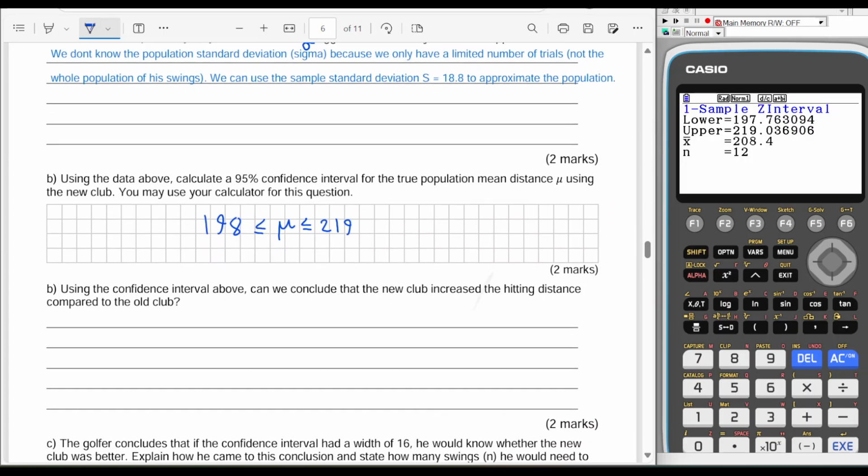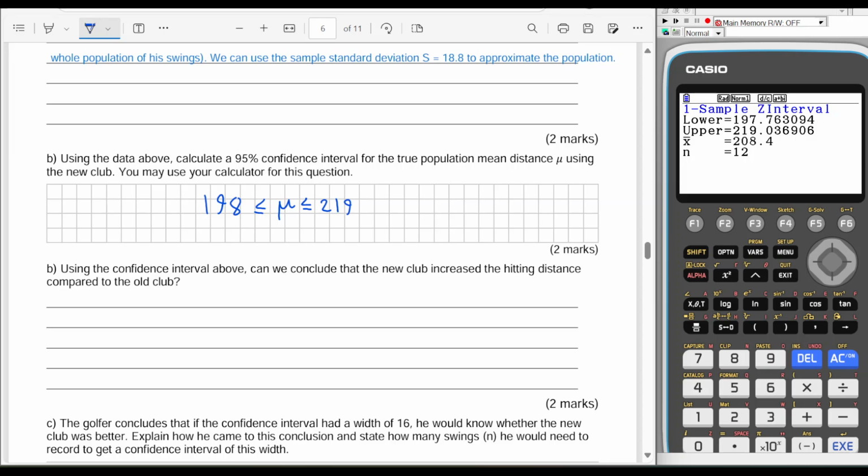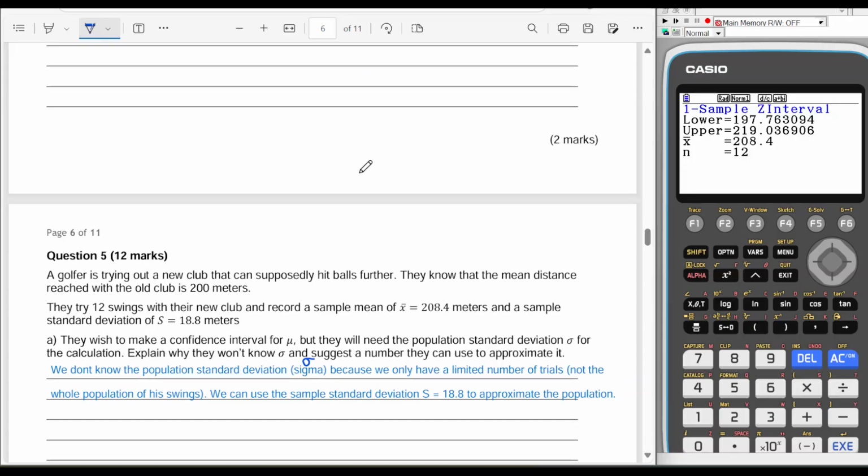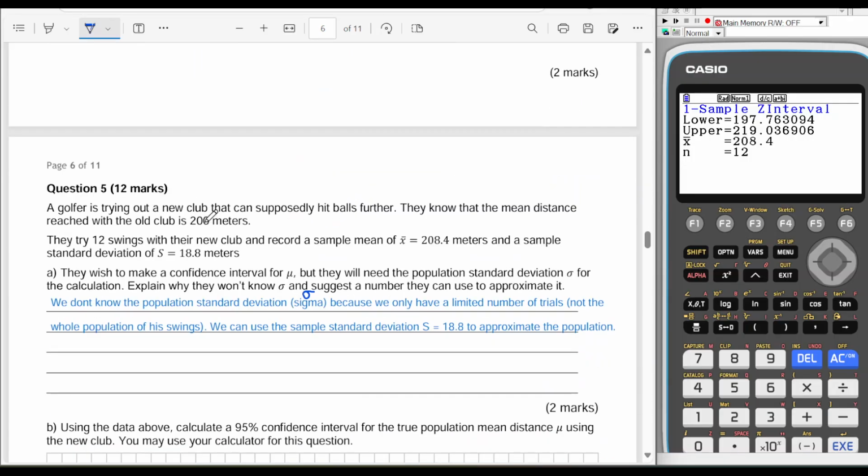There's that confidence interval. Can we conclude that the new club has increased hitting distance? So old hitting distance was, I think, 200. Yeah.